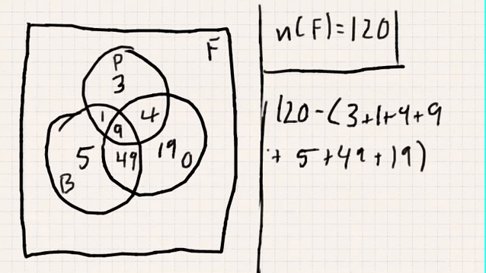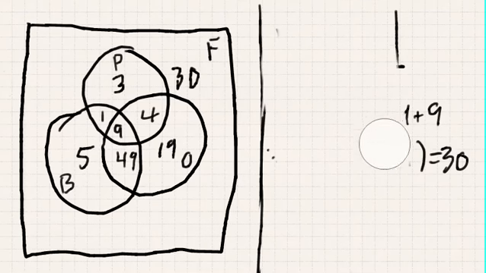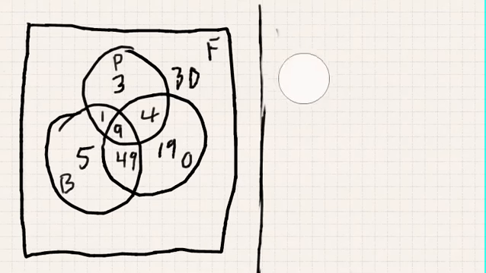So this is 120 minus 3 plus 1 plus 4 plus 9 plus 5 plus 49 plus 19. That leaves us with a total of 30 schools that are not private, not old, and not BCS. Alright, so we filled that all up. Fantastic. Now, that took a while, but believe you me, once you've done this a couple of times, it shouldn't take you all too long. I was just trying to explain it clearly.